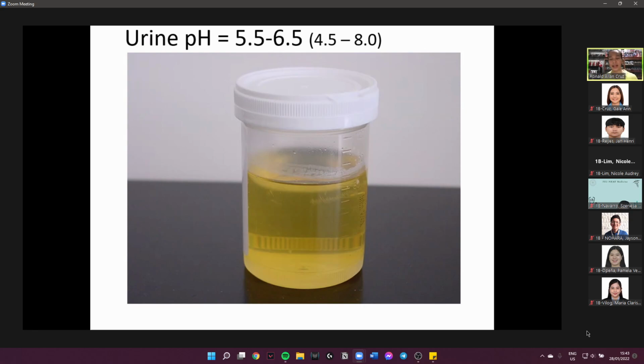Anyway, things like that. Some foods kasi can give you an alkaline pH, and this could be normal. Otherwise, you might be facing infection, like Proteus infection.